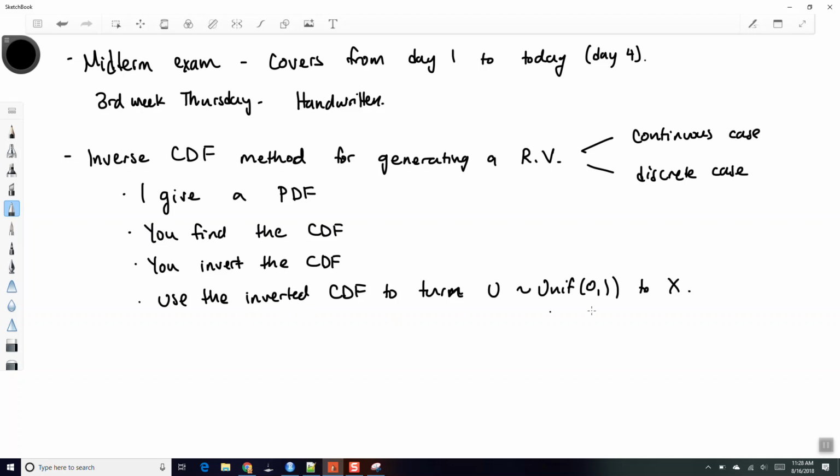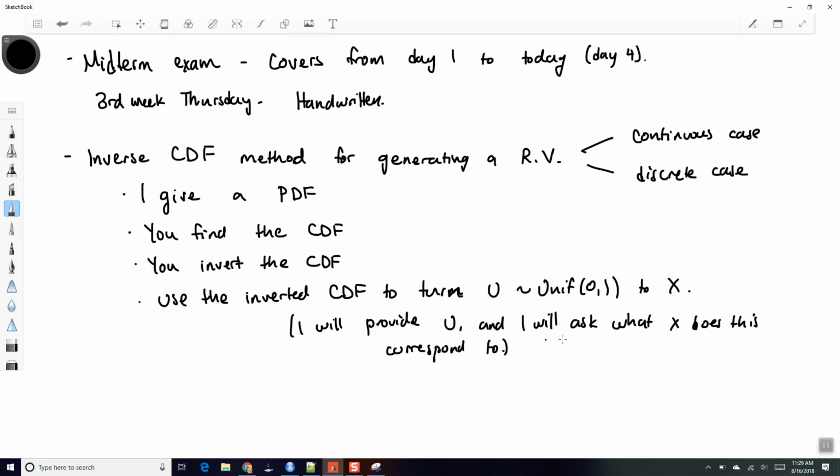And then for this part, use the inverted CDF to turn U, drawn from uniform 0, 1, to X. You know, I will provide U, and I will ask, you know, what X does this correspond to? Okay. So we have the continuous case and we have the discrete case.